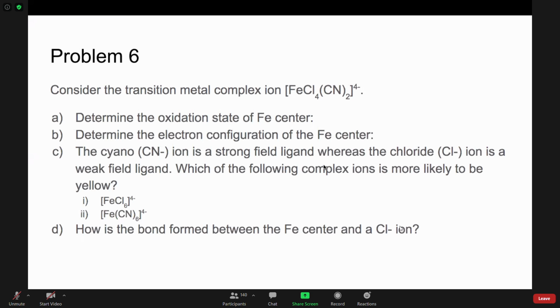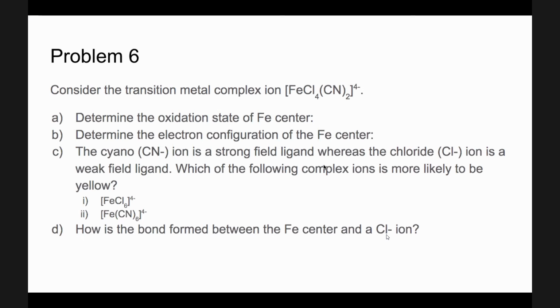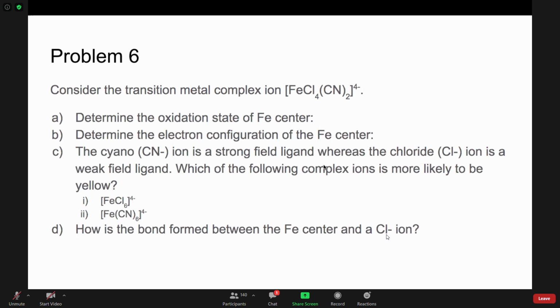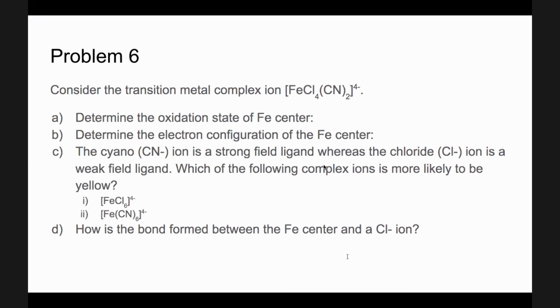We're absorbing high energy light. Right. So we have to absorb high energy light so that way we can transmit low energy light like yellow. So in this case, we're looking for the one. So I guess my next question is, does high energy light correspond with a strong ligand or a weak ligand?